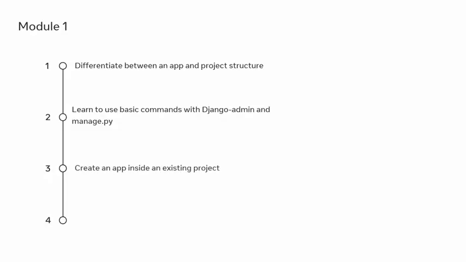You will put your newly acquired skills into practice to create an app inside an existing project using the correct structure. You will conclude this module by expanding upon web frameworks to show the MVT pattern, code reusability, and how Django's project structure is set up to suit this.